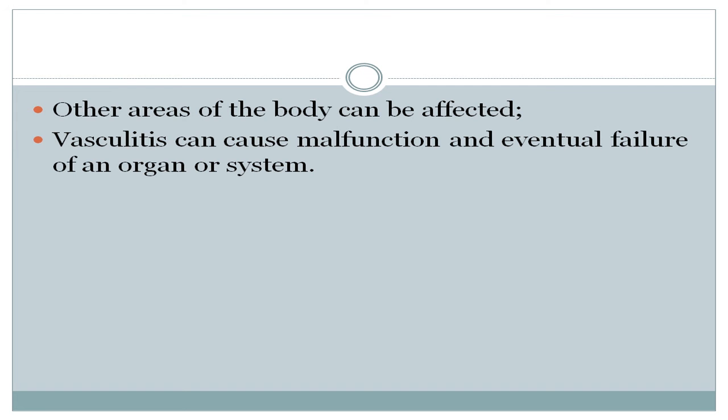The blood, right? And we know itis means inflammation. So vasculitis is when our blood vessels are sick. So vasculitis can cause a malfunction and eventual failure of a system or an organ.